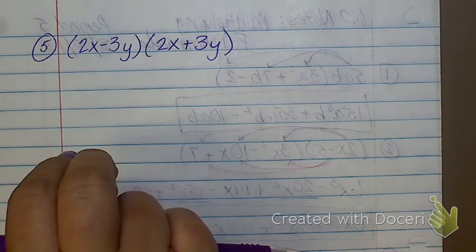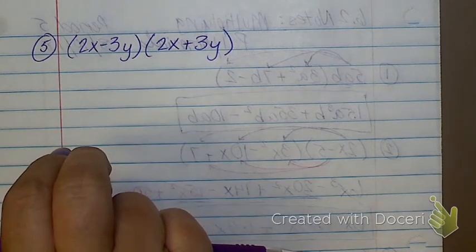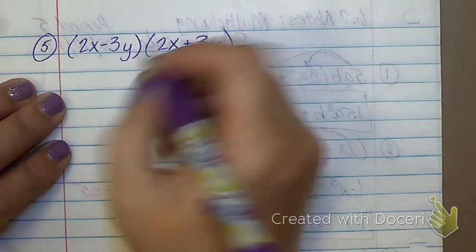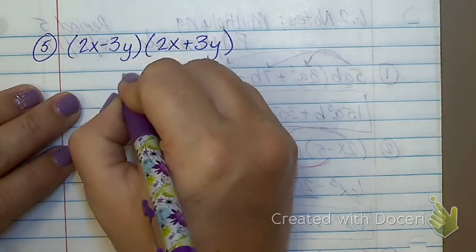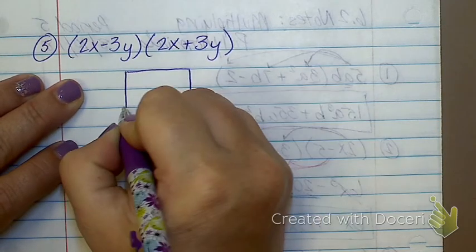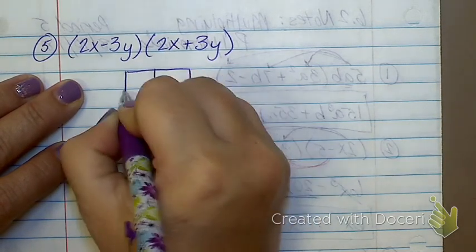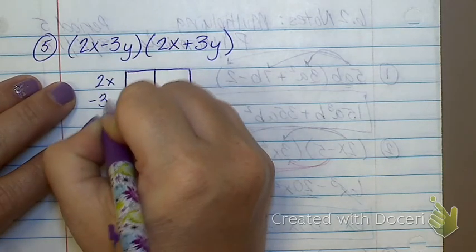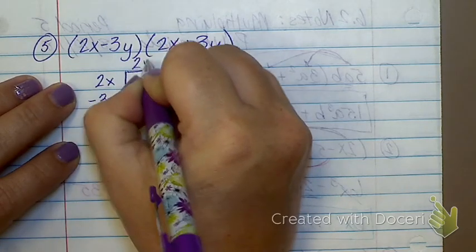So what's going to happen when you go through is you're going to end up canceling some things out in the process. Okay? I'm going to go ahead and use the box method on this one, since I did distributive on the other one. So 2x and negative 3y, and then 2x and positive 3y.